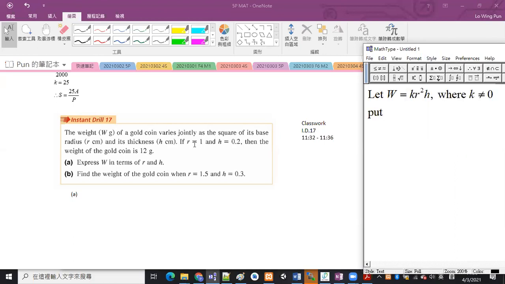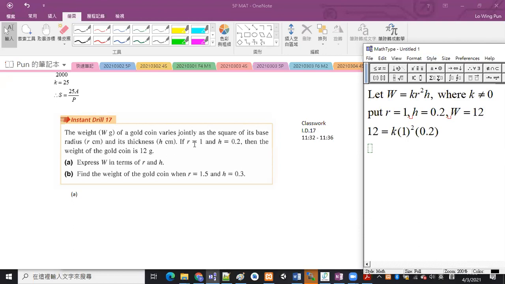If R is 1, H is 0.2, then the weight is 12. So we put R to be 1, H is 0.2, and W is 12 into our equation. So 12 is equal to K times 1 square times 0.2.